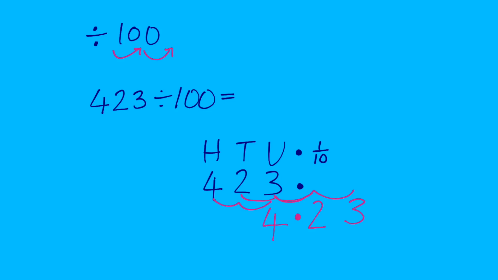Now this 3 is in the hundredths column. After our decimal point we have tenths and then hundredths. So I've worked out that 423 divided by 100 is 4.23, which means 4 whole ones, 2 tenths and 3 hundredths.